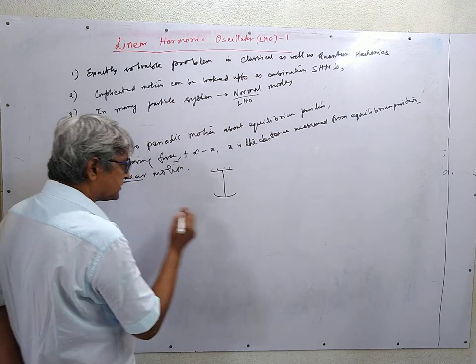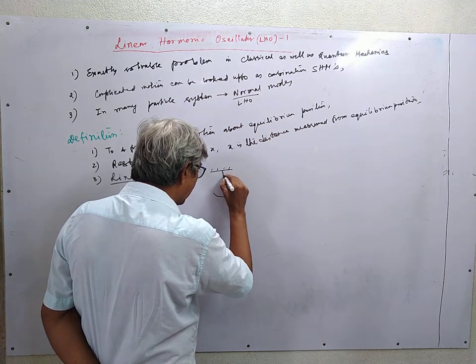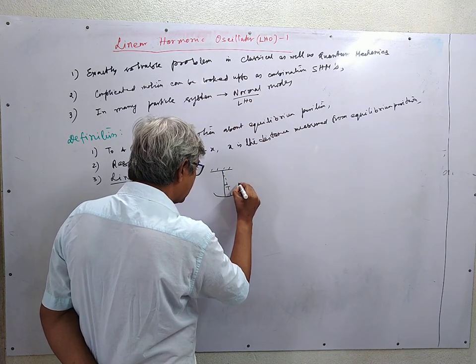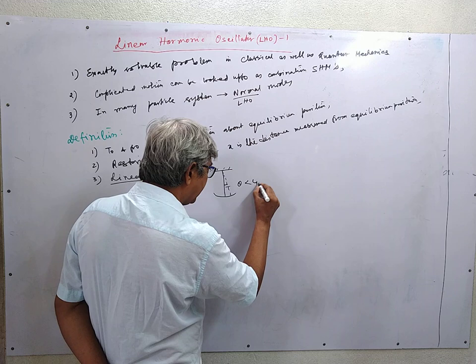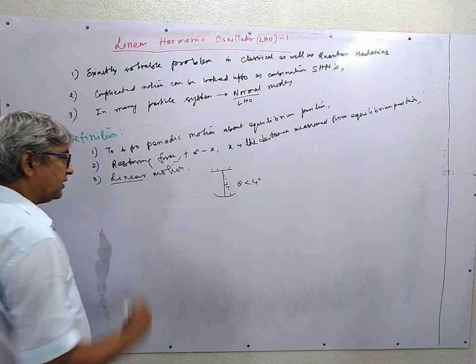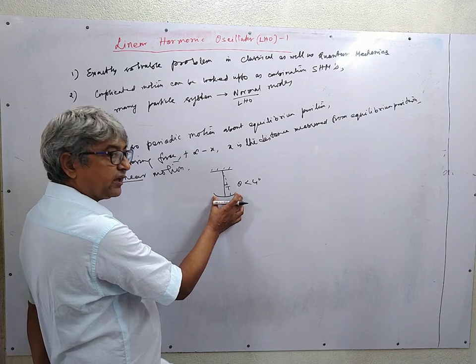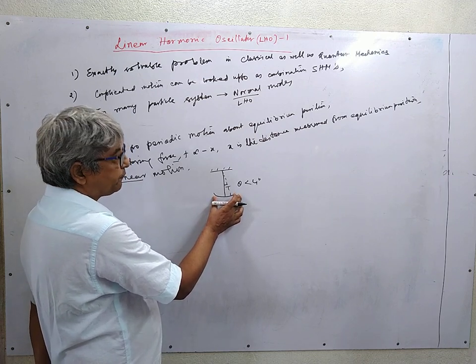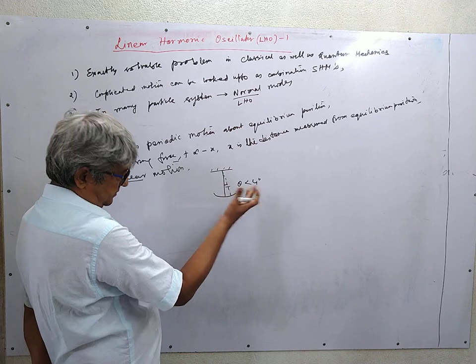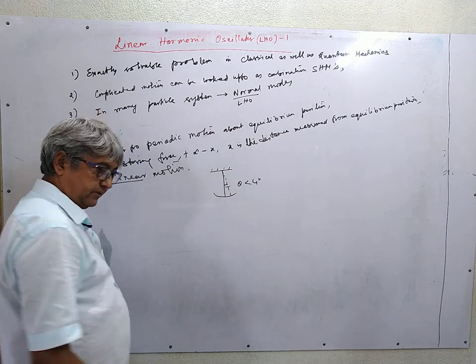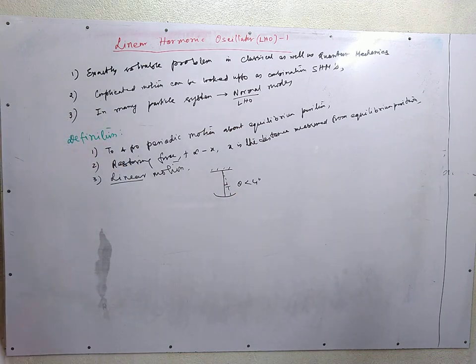This condition restricts us for small angle oscillation. This theta is less than 4 degree. This restriction comes from the linearity. So the arc length between plus minus 4 degree can be approximated by a straight line. That's all about the fundamental.